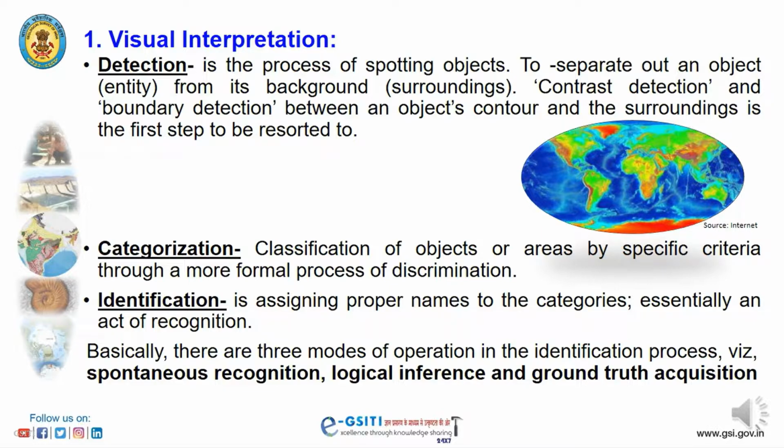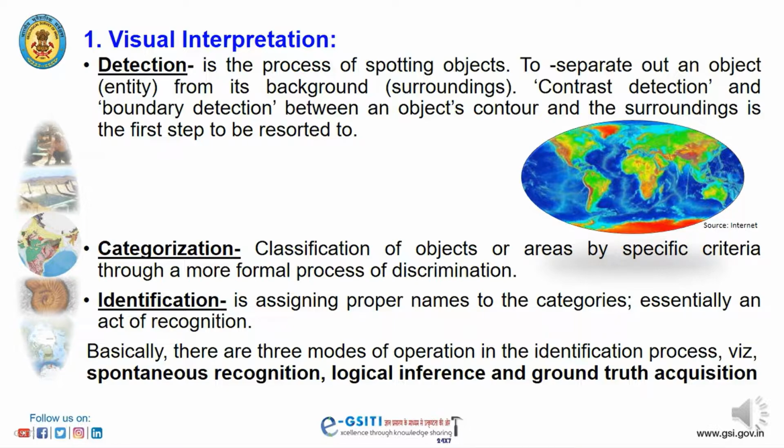When you are seeing an image, you can see through your knowledge, through your experience, it is representing different continents. Some of the parts of that continent, they are having different colors. Their boundaries are sharp with respect to the other color. So how will you categorize it? That is categorization, classification of objects or areas by specific criteria through a more formal process of discrimination.